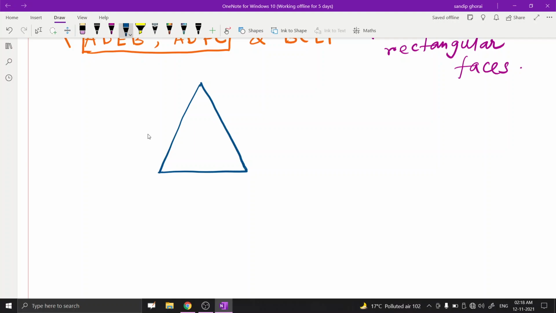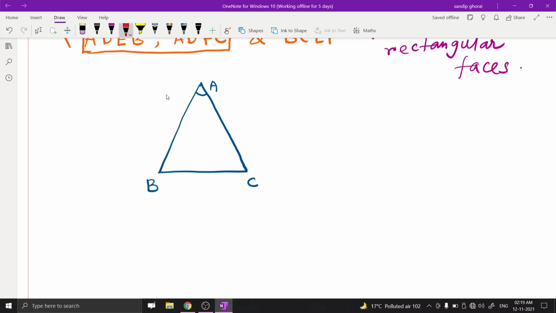If we name it, this is the angle of prism A, and we take this as ABC. AB and AC are the refracting surfaces, BC is the base, and A is the angle of prism.